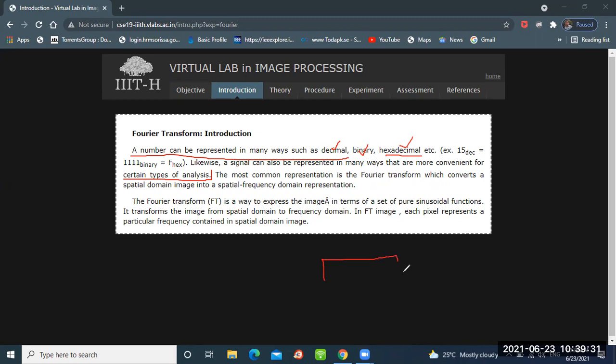Suppose this is my time domain. If I want to transform this signal by applying some transformation, I will write f of x(t), where f is any type of transformation.